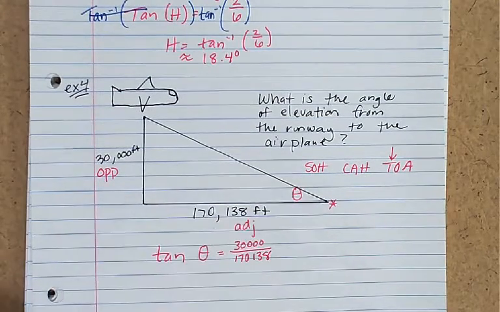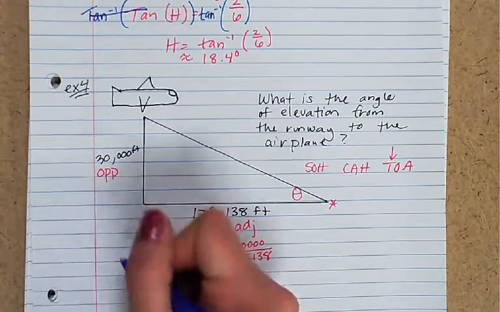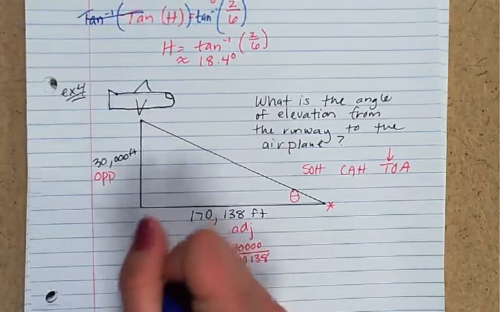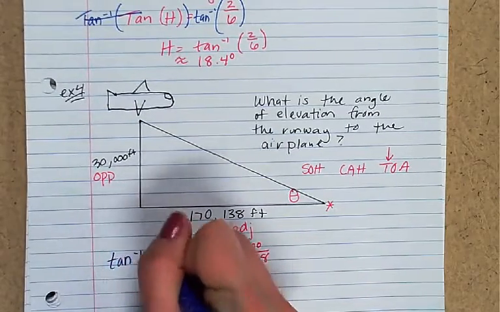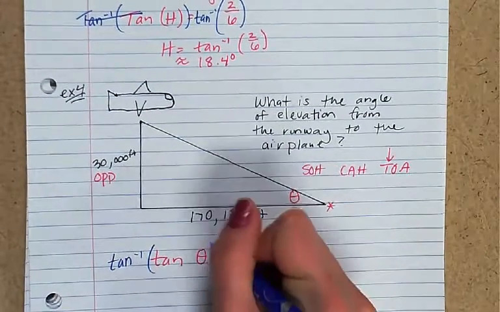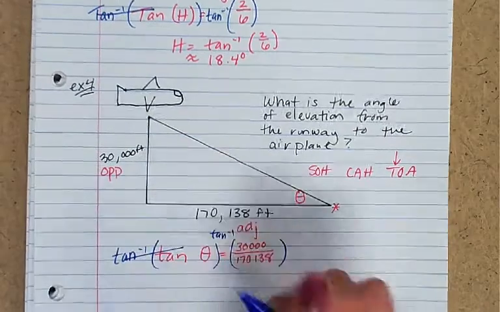We're solving for theta, so we have to get theta by itself and undo tangent. So I'm going to do tangent inverse on both sides. Those cancel.